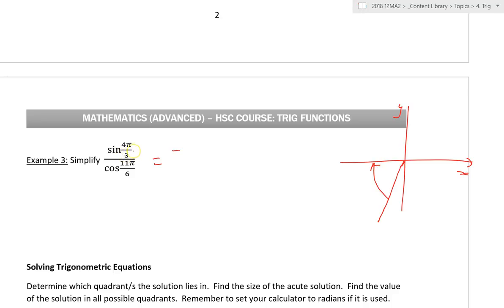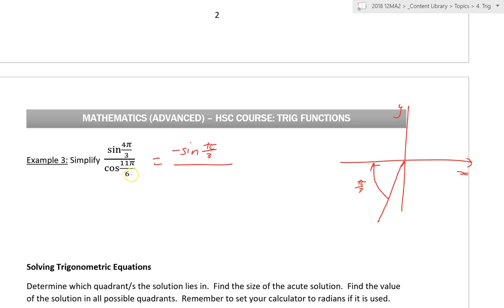It's pi on 3 more than pi, because this is like pi over 3 plus 3 pi over 3. So I need the negative sine of pi over 3 here, and that's the top. Remember, in the first quadrant everything's positive: sine is positive, tan is positive, cos is positive.